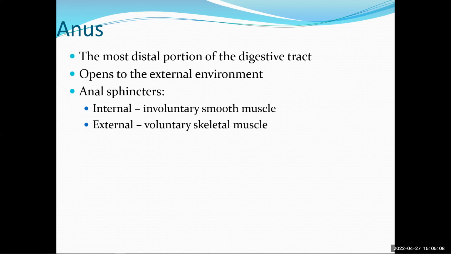The condition is known as, begins with I, when you no longer have control of either your anal sphincter or your bladder sphincter for that matter. So therefore you're termed as being incontinent. Very good, incontinent.